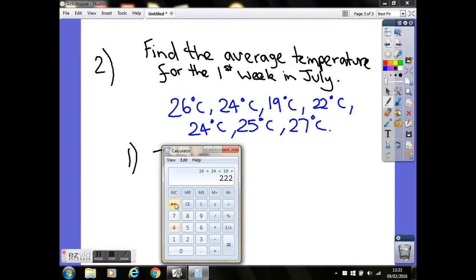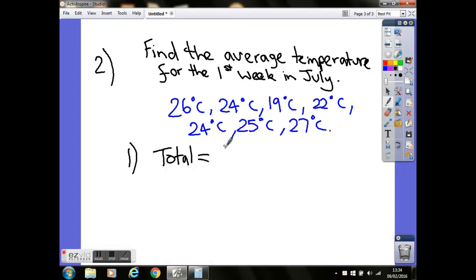Plus 22 plus 24 plus 25. Calculator's playing up on me today. Plus 25, there we go. Plus 27. So that gives you a total of 167 degrees C.